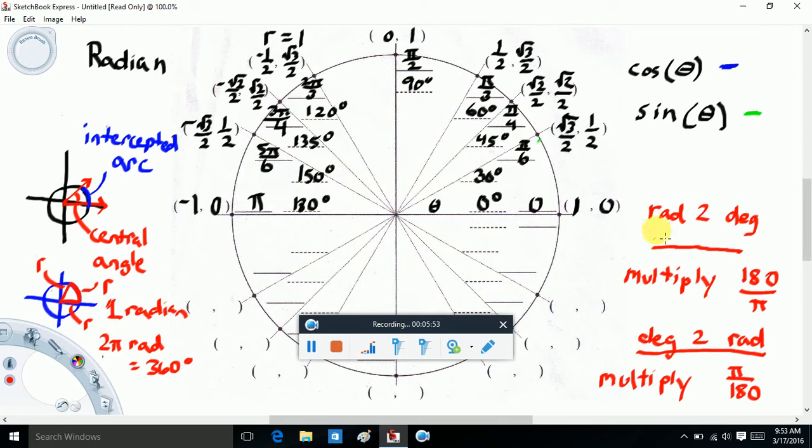If you have radians and you want to go to degrees, the pi is going to be in the denominator, because typically in radians you have pi in the numerator and you want the pi's to cancel out. If you're converting from degrees to radians, you want to get rid of the degree, so the degree measure is in the denominator.